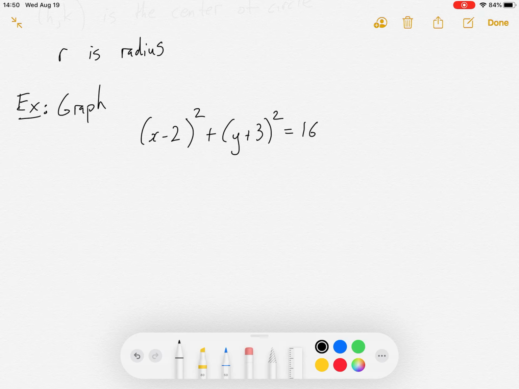All right. So the center is going to be 2 for h. Notice that it's y plus 3, not y minus 3. That means that the y value of the center is actually going to be negative 3. It switches. And then the radius is not 16, it's the square root of 16. So in this case, that comes out to 4.